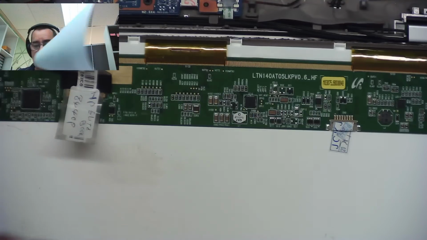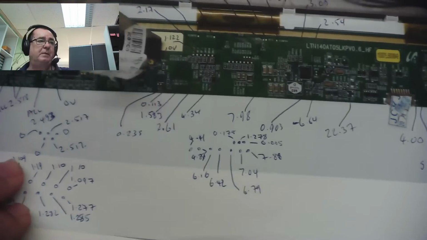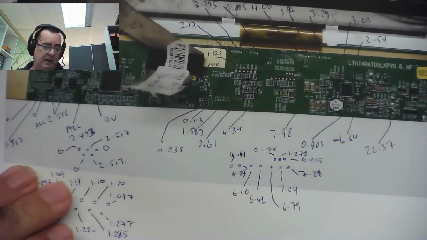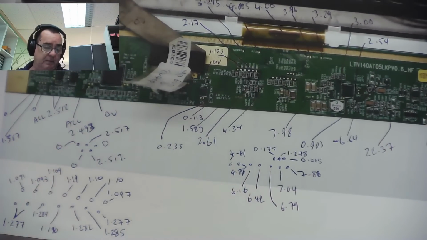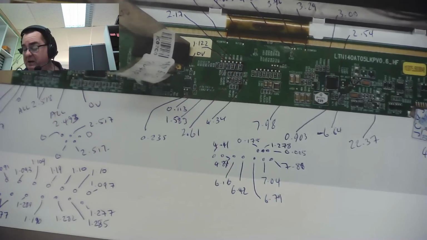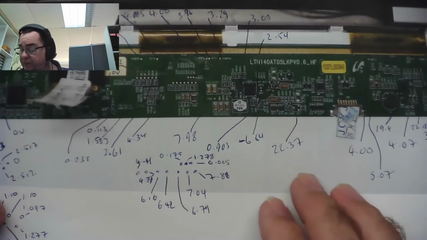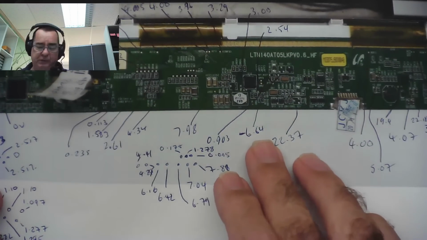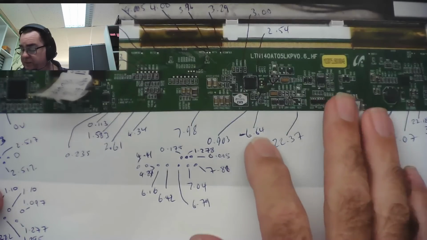Right. This is my note of all the voltages, and I did note that AVDD should be 16.4 or thereabouts, VGL minus 6.9, VGH 16. Well, I know I've got some minus voltages on here, minus 6.64, so that's probably the VGL, because it's in the region.